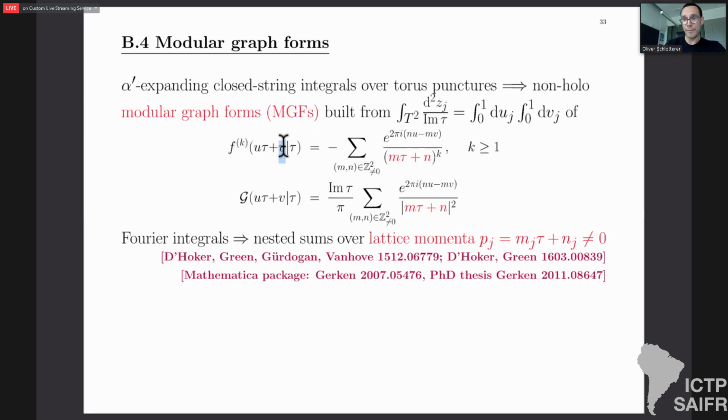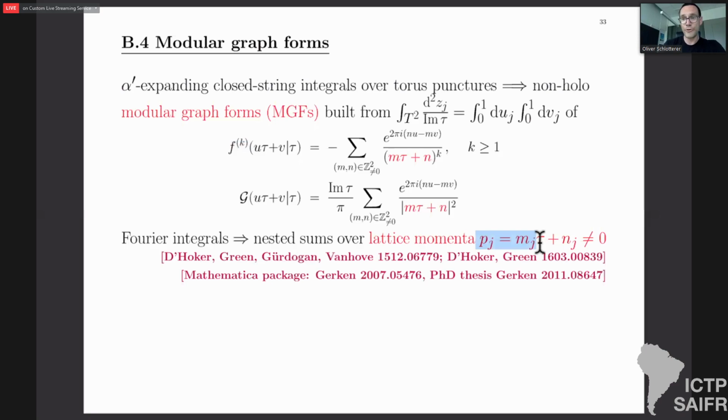And in this double Fourier expansion, you get lattice sums of the form written down here. And you can interpret this as doing Feynman graphs on the torus. You can interpret these denominators, m tau plus n, as two-dimensional discretized momenta. So these modular graph forms arise from scalar field theory on the torus.